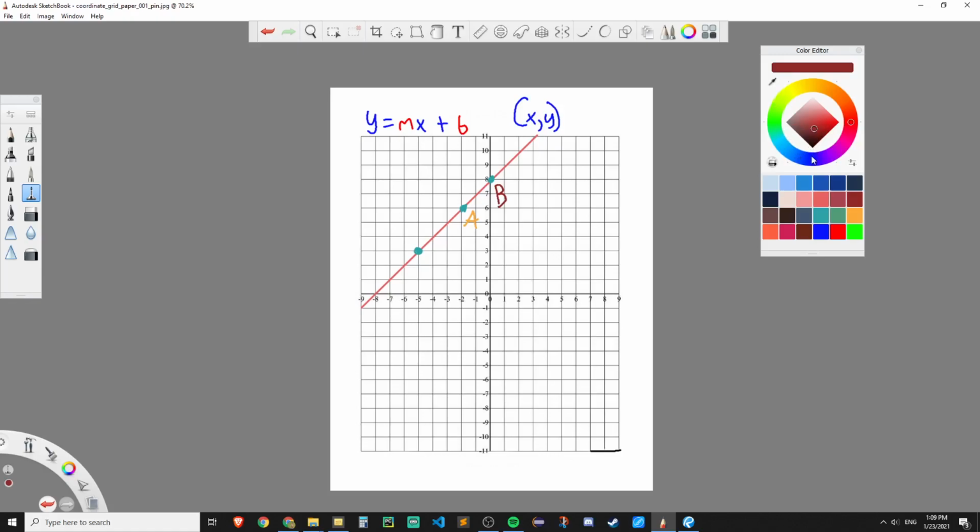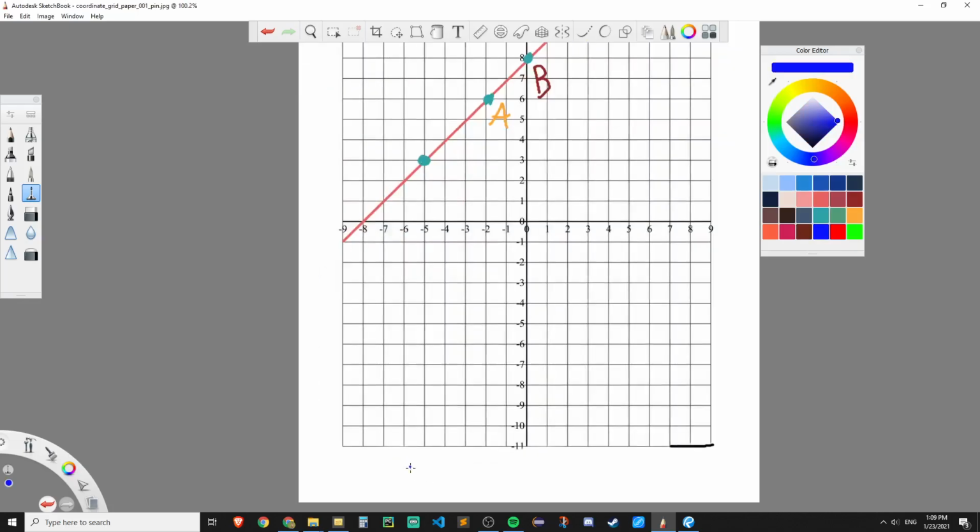So how do we find slope? Well, let me zoom in here, just so you can see this a little better.